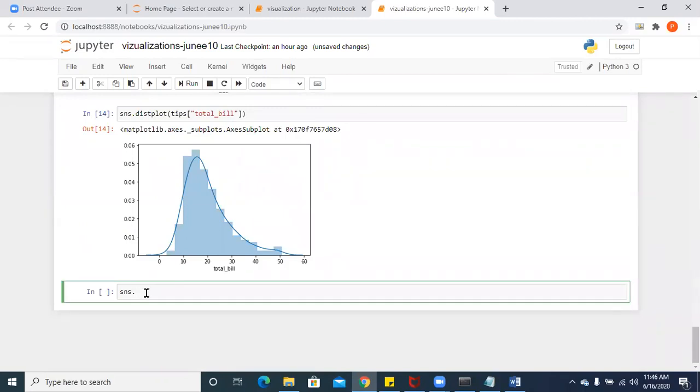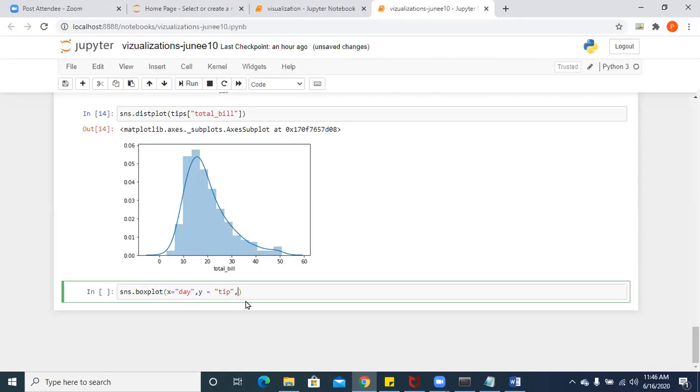Now let's plot the graph between day and tip. SNS dot barplot of x is equal to day, sorry, let's say day, not size. x is equal to day, y is equal to tip, data is equal to tips.